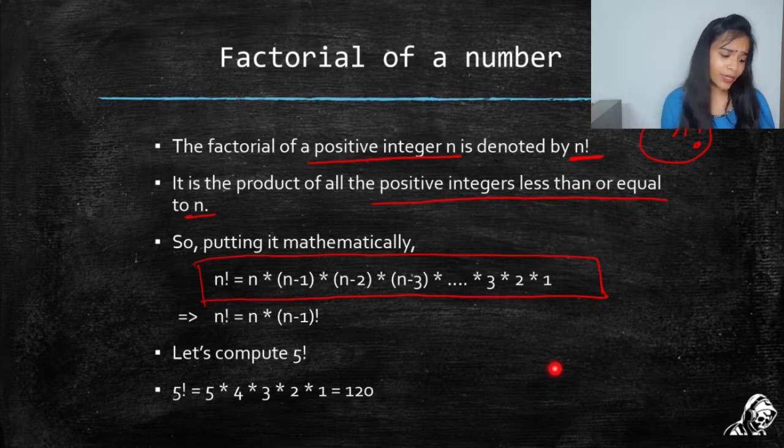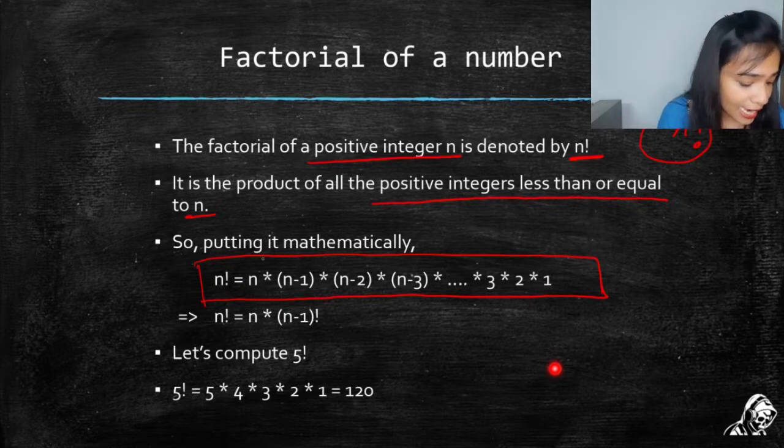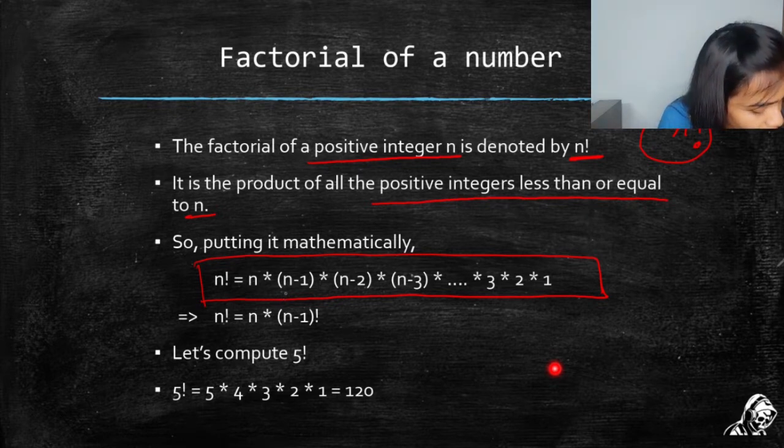Now let's look at it in a different approach using divide and conquer. Instead of seeing it as an entire problem, let's break it down. So how are we going to break it down? We see that this is n, followed by n minus 1, n minus 2 and n minus 3. Now when you take only this part, what do we see?